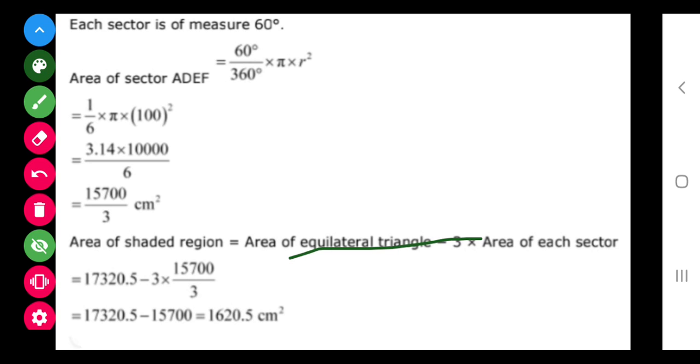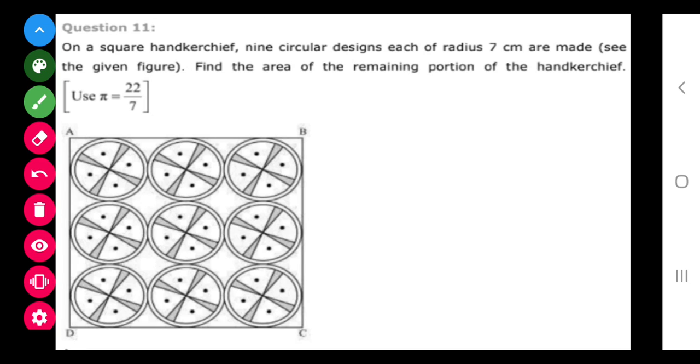Now class, next question. This is a very simple question, only a diagrammatic representation. This is a handkerchief and 9 circles are there as a design in this. Each is of radius 7, meaning the diameter of this is 14, the diameter of this is 14 and the diameter of this is 14.